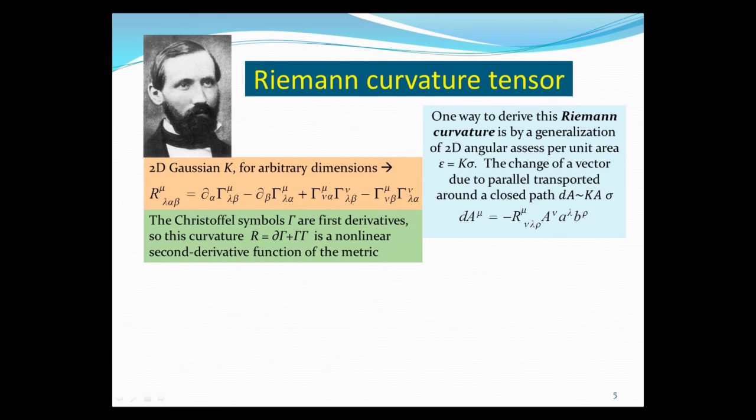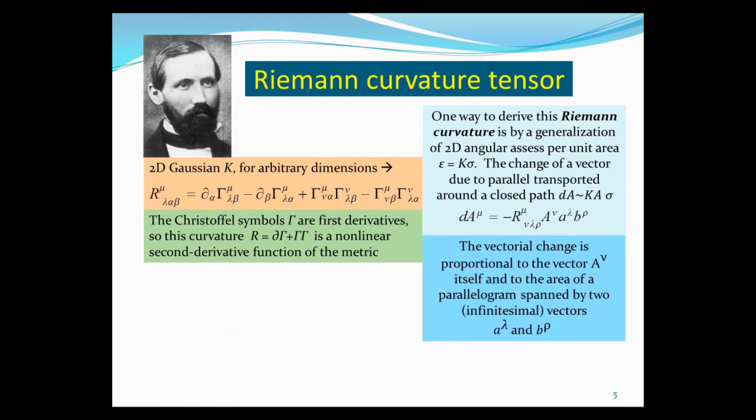The change of vector dA is proportional to the vector A itself and proportional to the area spanned by the infinitesimal vectors A and B. The proportionality constant we call the Riemann curvature.